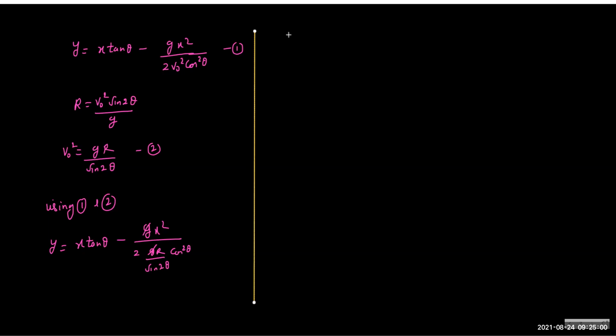So we are going to get a very nice formula which is very helpful. So y becomes equal to x tan theta minus x square, and sin 2 theta we can write as 2 sin theta into cos theta.